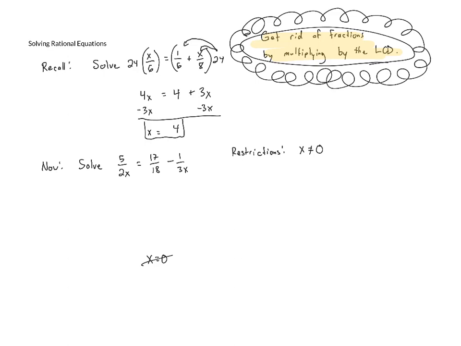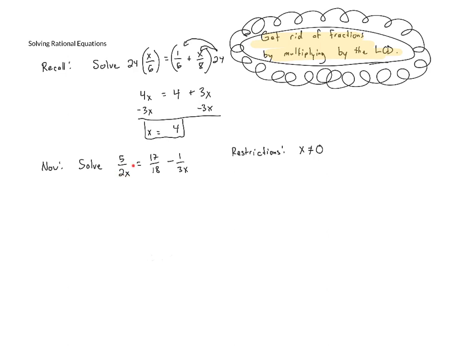We call it an extraneous solution, and I will write that out in another example when we actually have an extraneous solution. This one's not actually going to have an extraneous solution. We're not going to end up with any problems here. So let's go through solving this one. We're going to do a couple more examples, and we will eventually see one with an extraneous solution. For now, though, let's just multiply by the LCD.